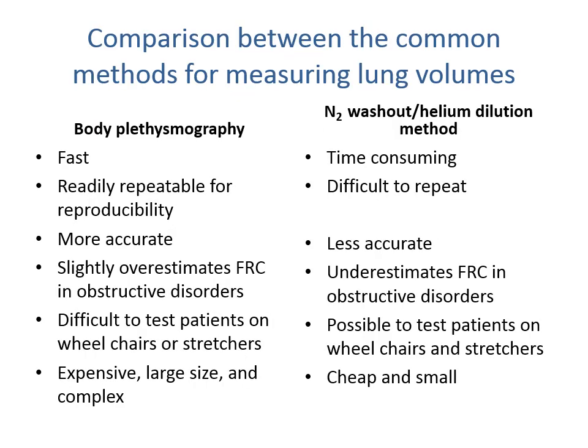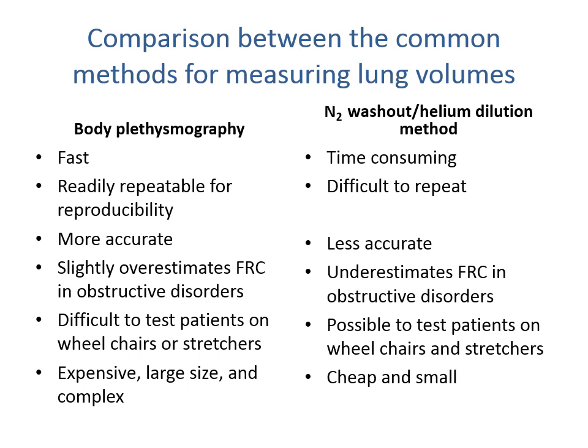Next, comparison between the common methods for measuring the lung volumes. Here we are doing comparison between body plethysmography and nitrogen washout or helium dilution method. Body plethysmography is fast. Here the test is completed within a minute, but in nitrogen washout and helium dilution it normally takes 7 minutes, but in obstructive diseases it takes more than 7 minutes.